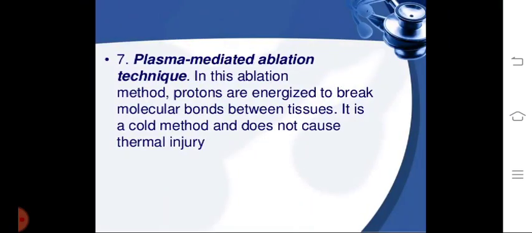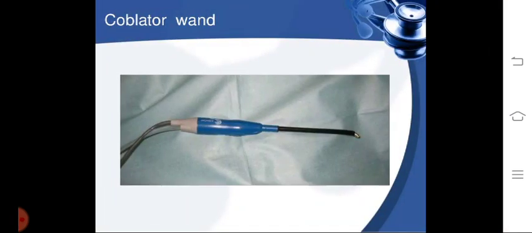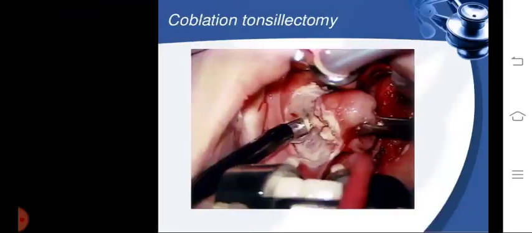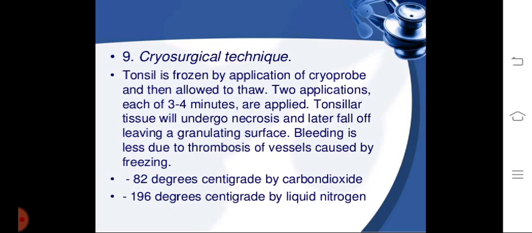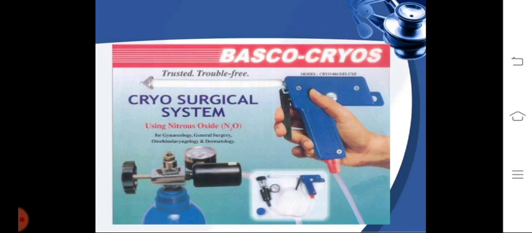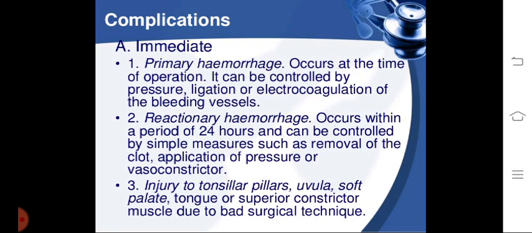Harmonic scalpel can also be used. Plasma mediated coblation tonsillectomy, this is the coblation wand which is used. Cryosurgical technique uses cryosurgery, that is minus 82 degrees with carbon dioxide or minus 196 degrees centigrade with liquid nitrogen. So this is the one used for cryosurgery.